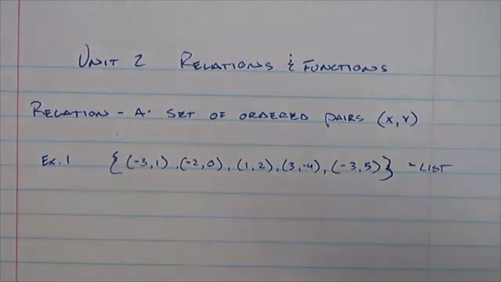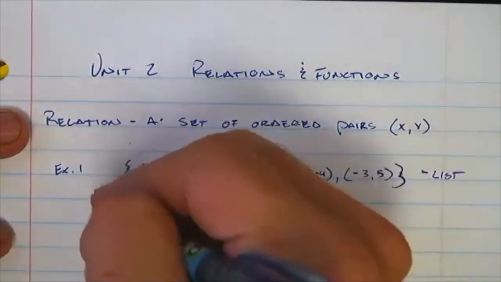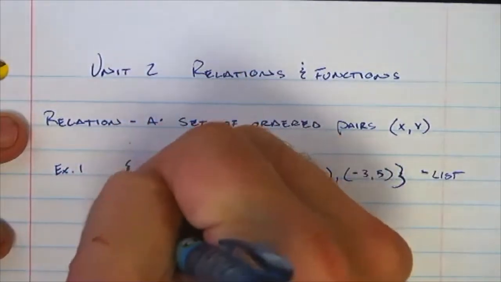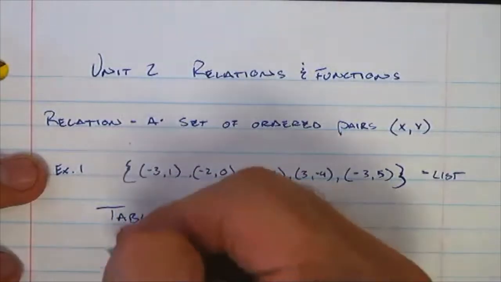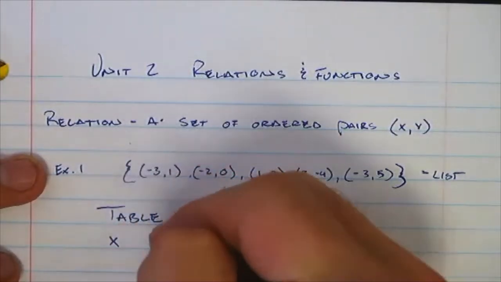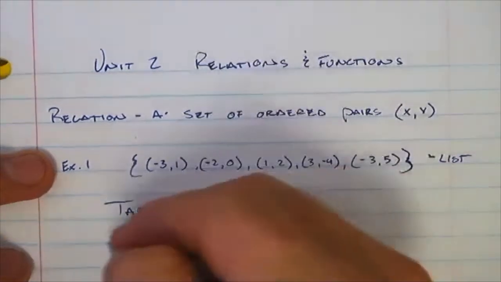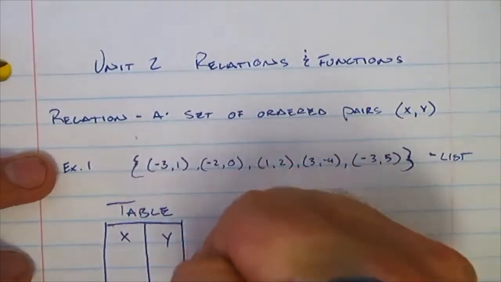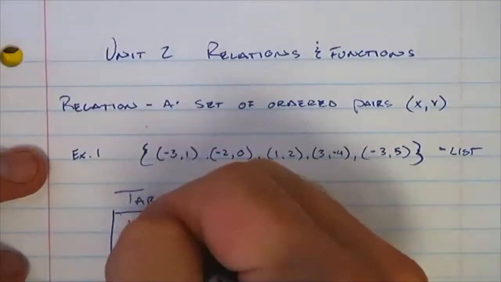Now, the next way we're going to write them out, you'll recognize as you did these in 6th grade, and that is via table. So we have an input-output table, which is how we might represent a relation. Your X's are in one column, your Y's are in the other.